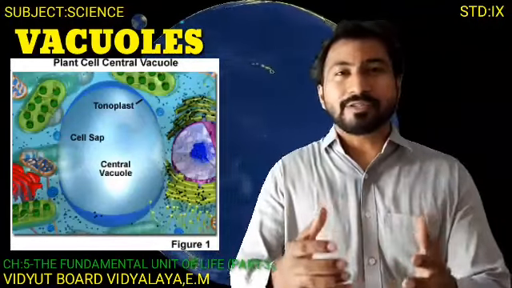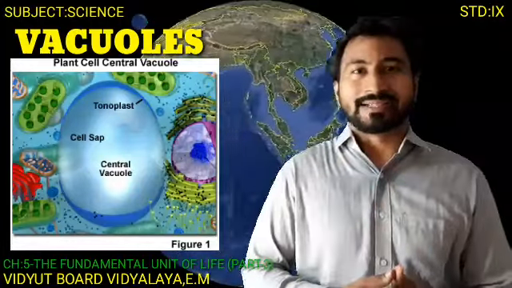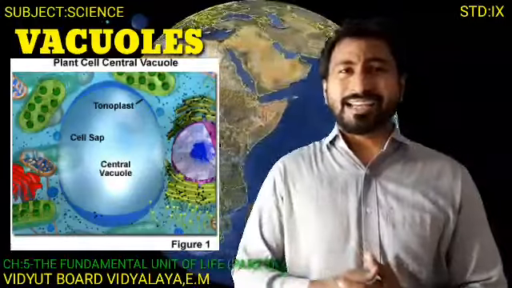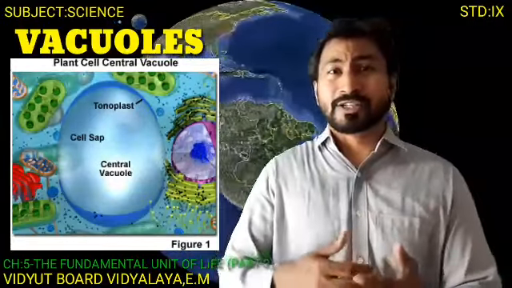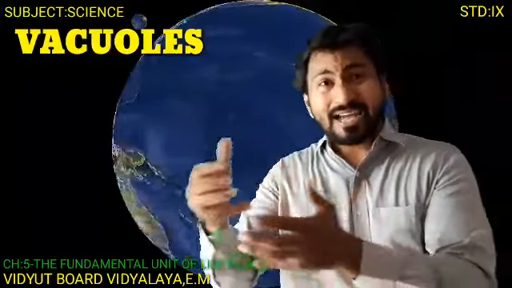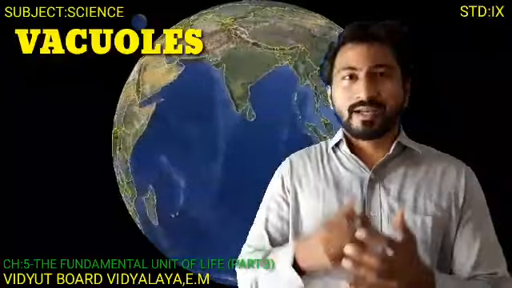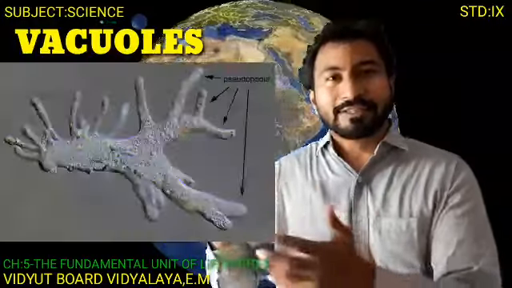Furthermore, it gives a proper shape and texture to the entire plant cell. While in case of the animals, it does not play any major role. But there are certain animals where it plays a huge role, just as in the case of the amoeba.